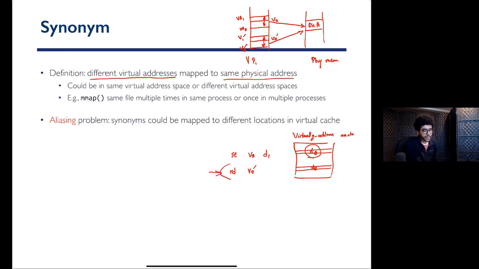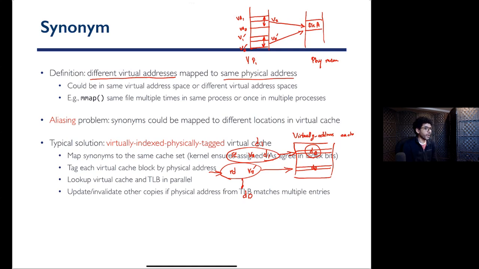Well, this read is going to look at this cache block. This store is going to change this one. And what happens is this read is going to give me D0, whereas in reality, I should have had D1 because I wrote D1 to this address. And this is a problem, right? This is the aliasing problem.